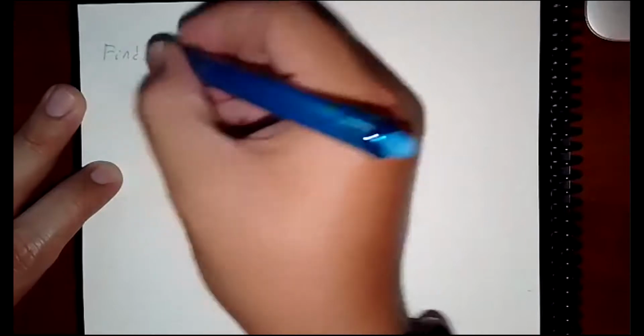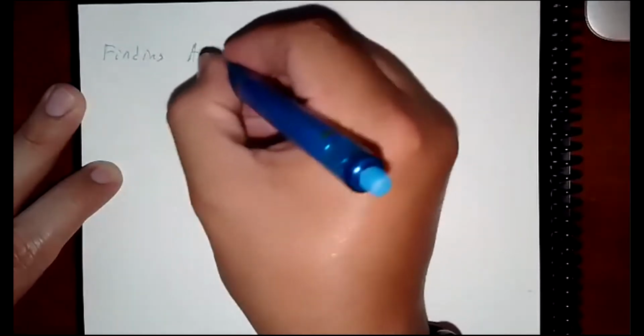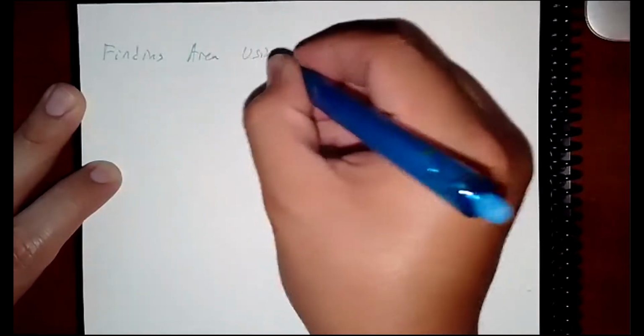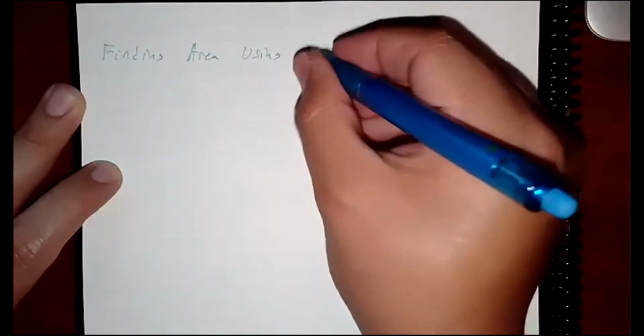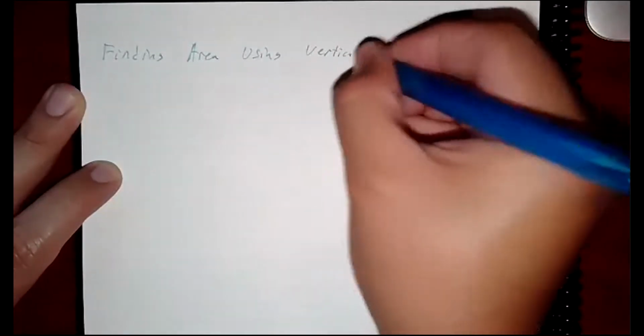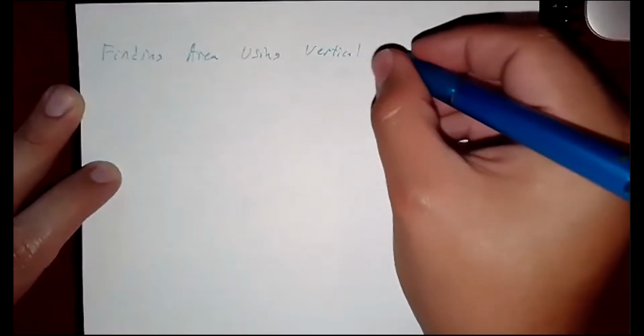So the general idea is making sense. So let's formalize everything into the big picture. So finding area using vertical rectangles.